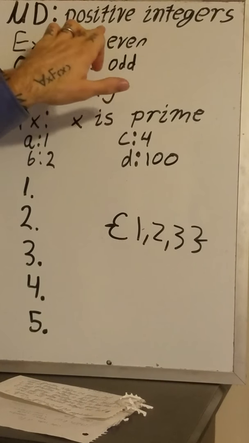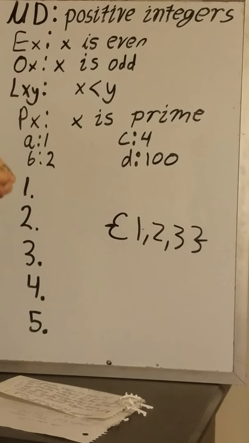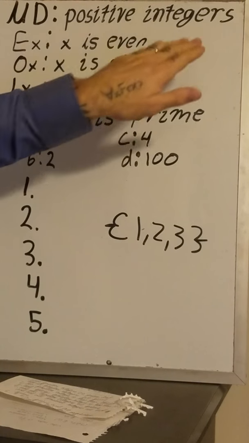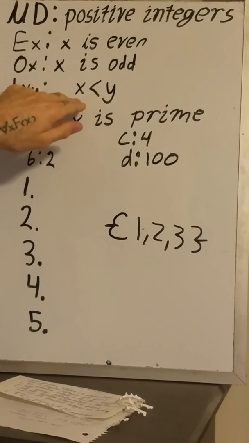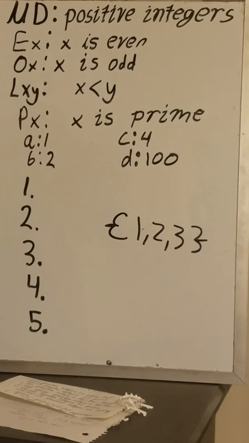EX is all the positive integers that are even, right? Because we can't list them all. OX is X is odd. And here we have this two-place predicate that we can use whenever X is less than Y. So you need to keep the order straight here. This is different than LYX.